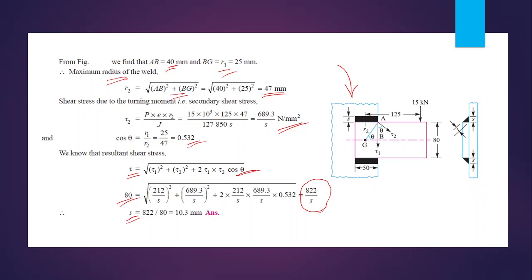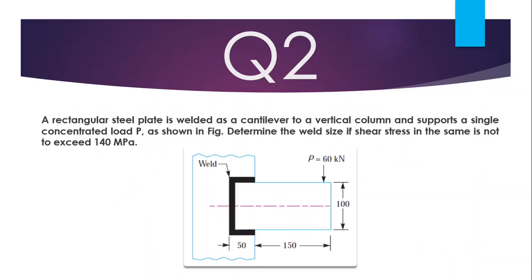And there is another problem. A rectangular steel plate is welded as a cantilever to a vertical column and supports a single concentrated load P as shown in the figure. Determine the weld size if the shear stress in the same does not exceed 140 megapascal.